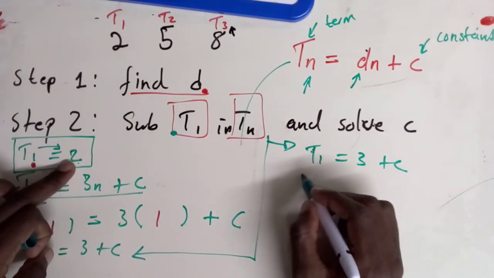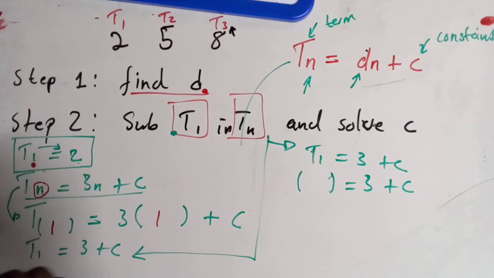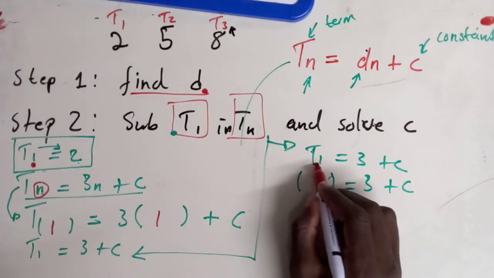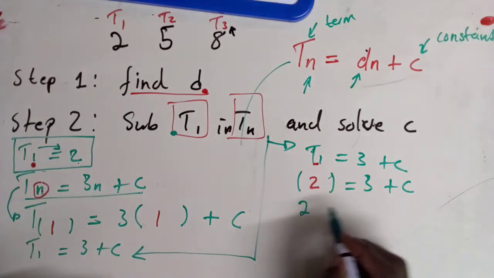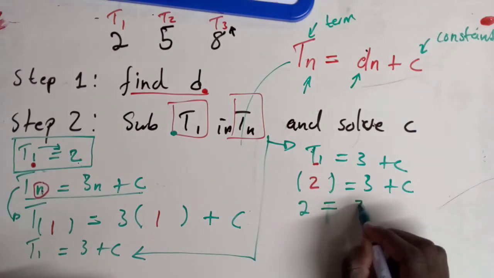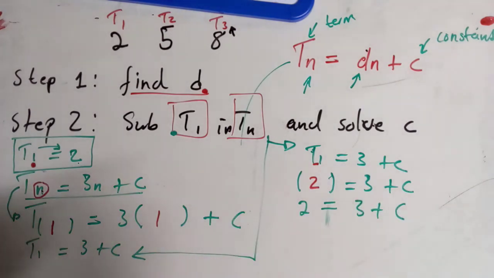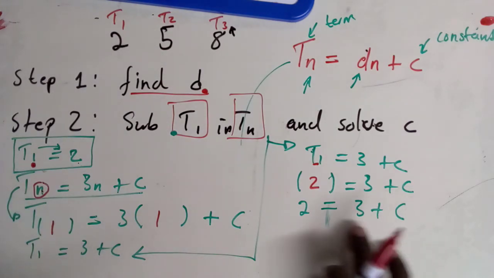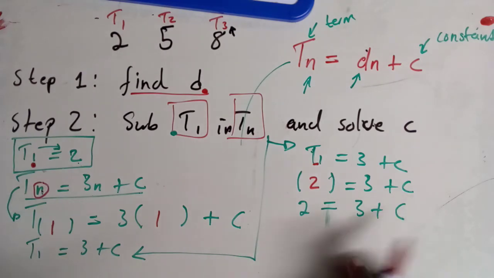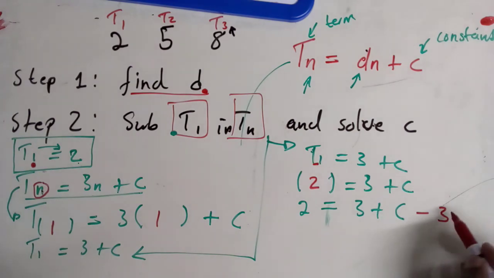Let's continue. Remember that T1 is 2. So where I see T1, I will put 2. Now that will be 2 is equal to 3 plus c. Since I am looking for c and not 3 plus c, I am going to take 3 out of here. I don't want this 3.